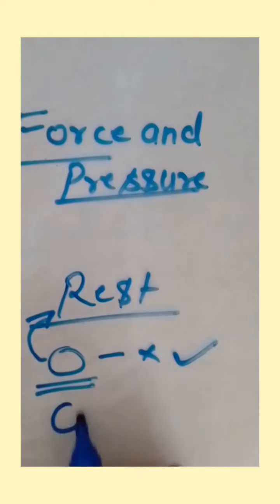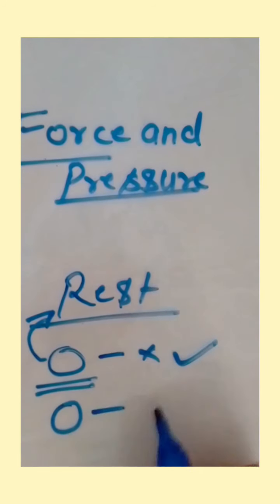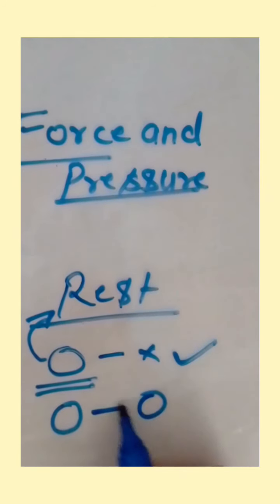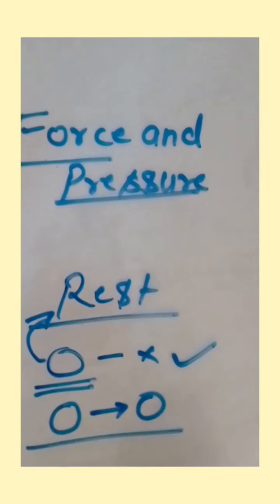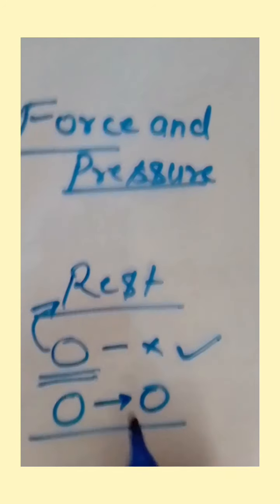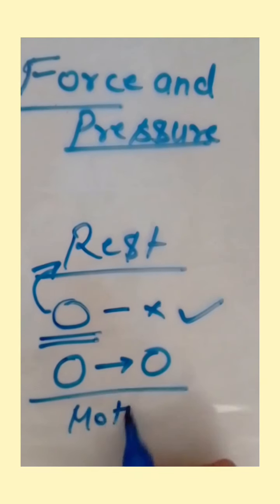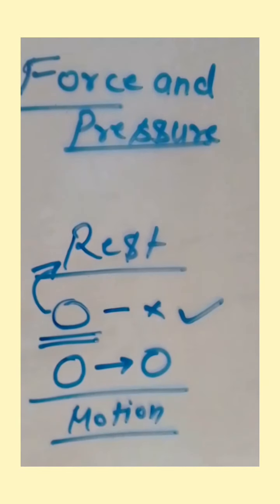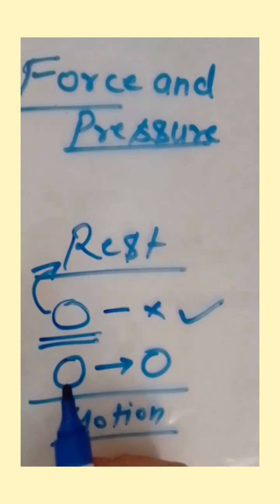But when it changes its position from one place to another place, we call the object now comes in motion. Right? So how does motion occur now? When we push or pull an object, means we exert a force on it.